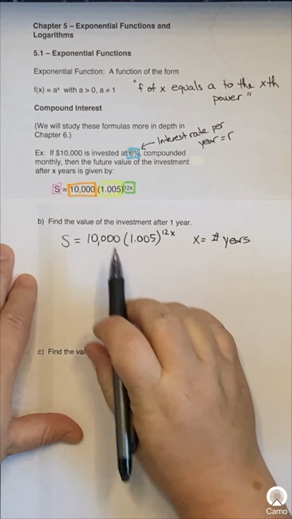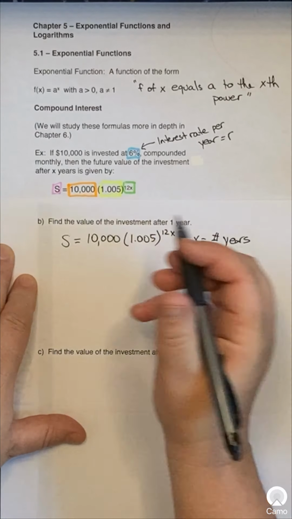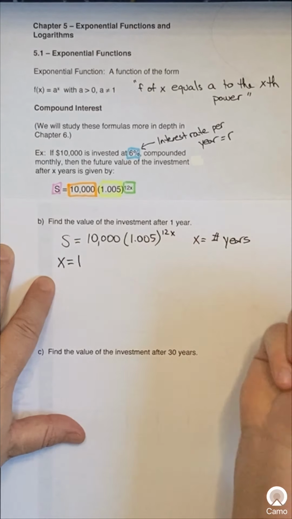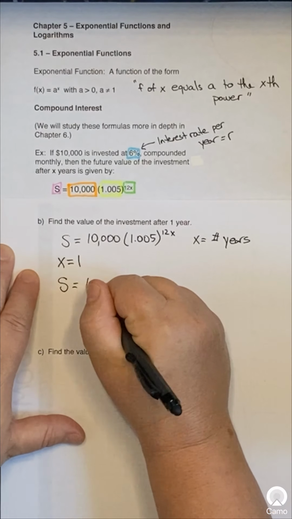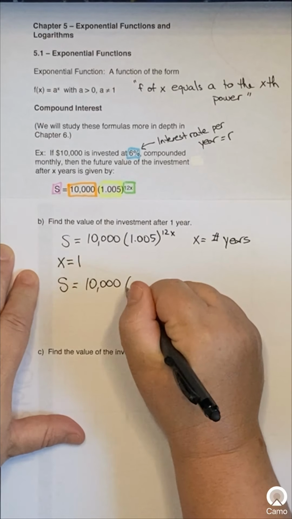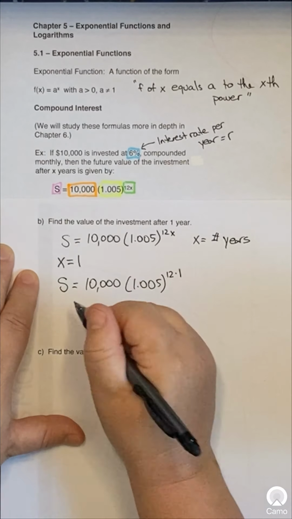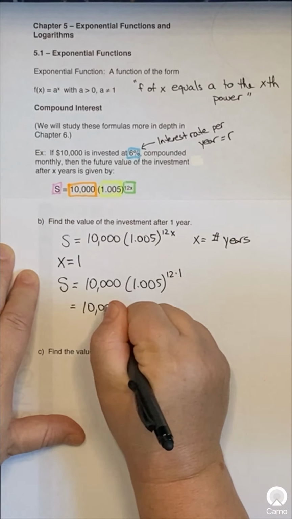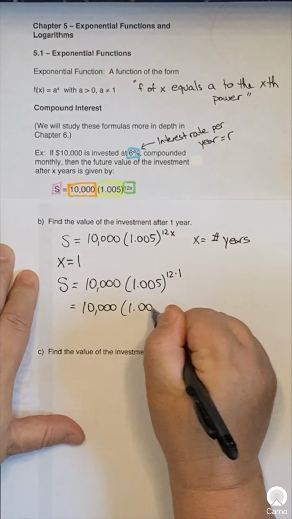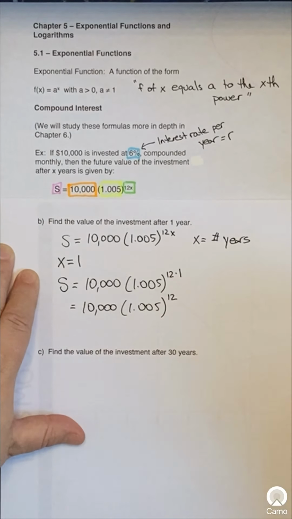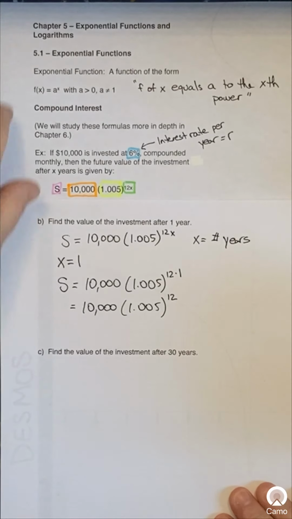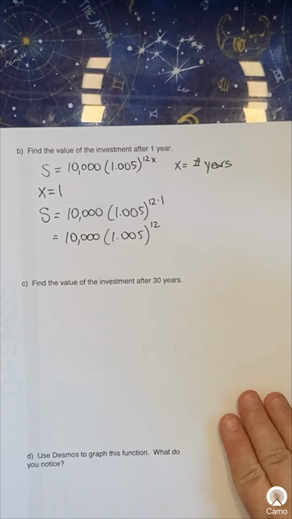Okay, so if it's the value of the investment after 1 year, x equals 1, yay! S equals 10,000 times 1.005 to the 12 times 1, which is 10,000 times 1.005 to the 12th. Okay, let's get some calculating going.